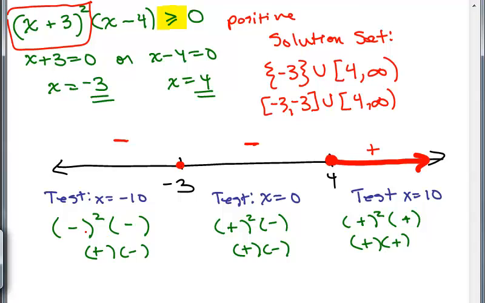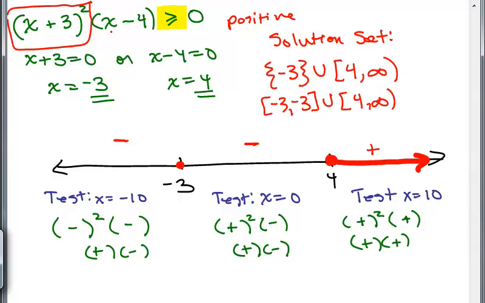So did you notice in all of these intervals, a negative number squared will give me a positive. Here I have a positive number squared, I get a positive. And here I get a positive number squared, I'm going to get a positive. So this first factor, x plus 3 quantity squared, which is really like 2 factors, will always give me a positive number.